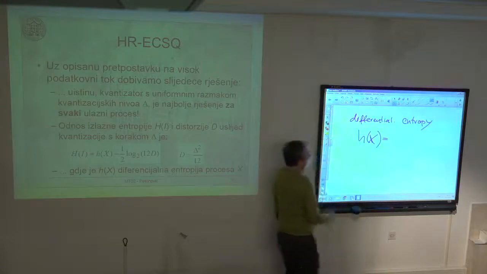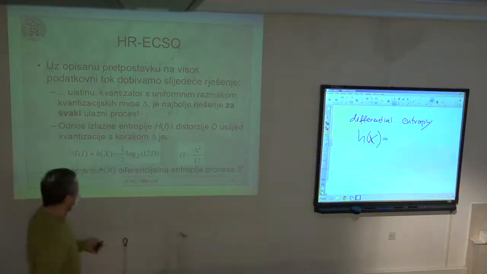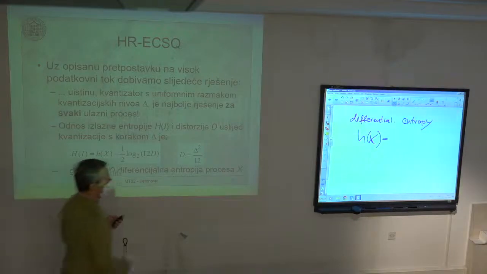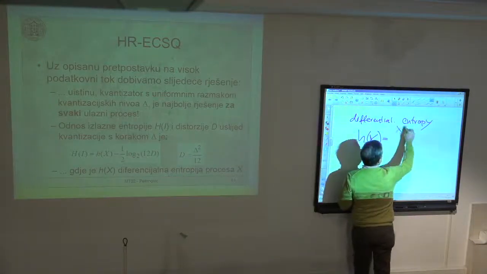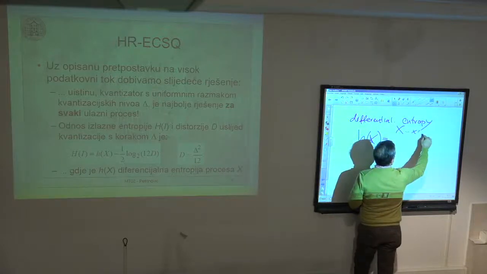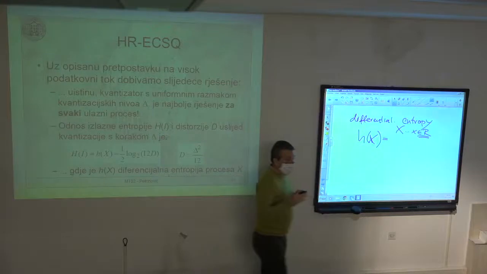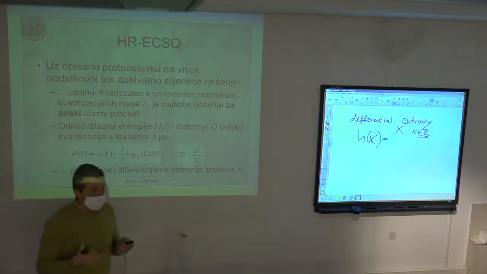And this differential entropy is defined similarly to normal entropy, but the main difference is that this process is a real valued process. So the values of x are elements of real numbers. And with conventional entropy, we have defined only discrete probabilities.